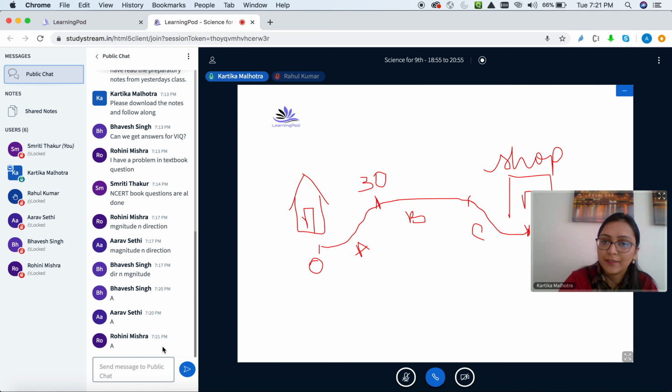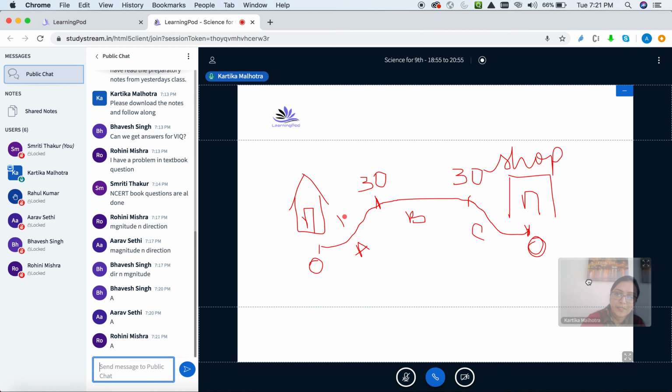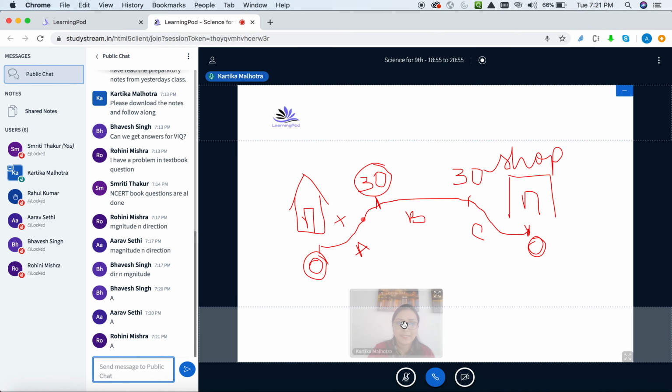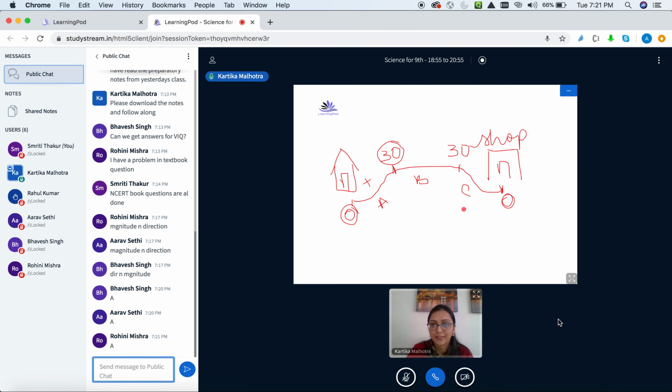Then in segment B, you drove at a constant velocity of 30. And then in C, you decreased it and eventually came to a halt at 0. So in segment A, the initial velocity, 0, is lower than the final velocity, 30, and hence you see positive acceleration.